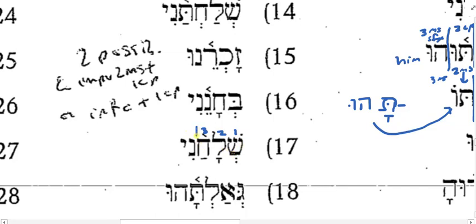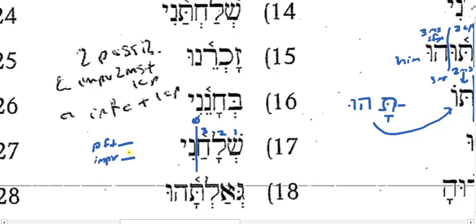And then I'll go ahead and draw my line here. I have ni at the end of it. So whatever this is, there's really a slot that has no ending and then the ni. Okay? So what are my possibilities? I have no prefix before the shin. So I need to be thinking this is perfect or imperative.